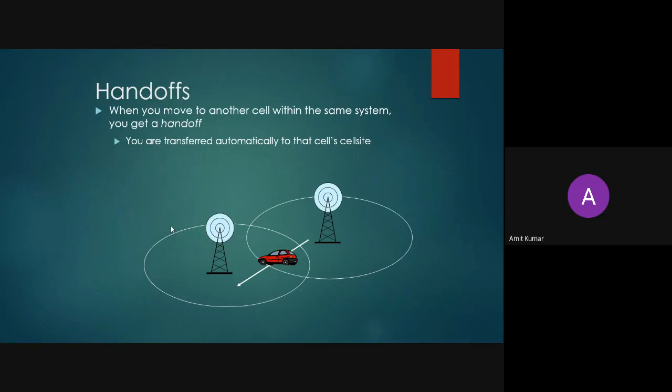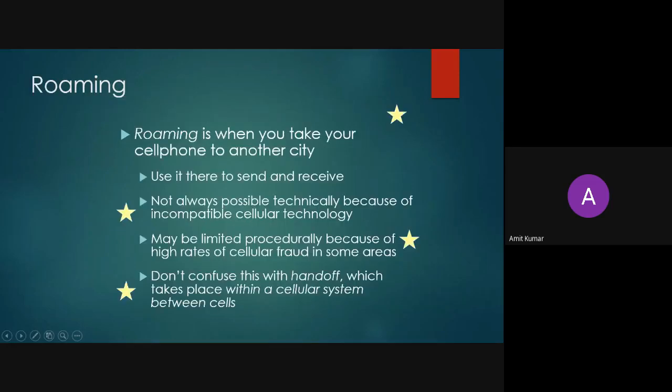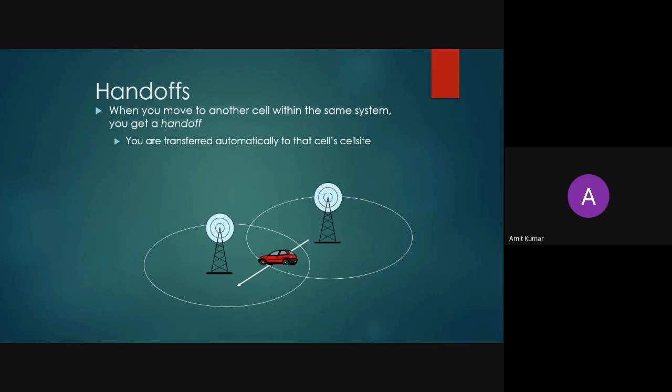Now handoff. I have already told you that two types of handoffs can be there. It can be either a soft handoff or a hard handoff. In a hard handoff, it is compulsory when you are moving from the first base station to the next base station, you have to do the handoff.